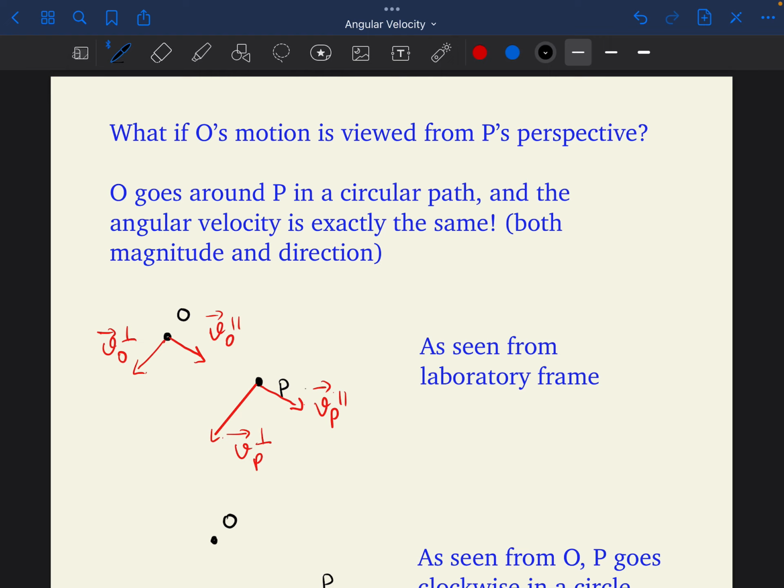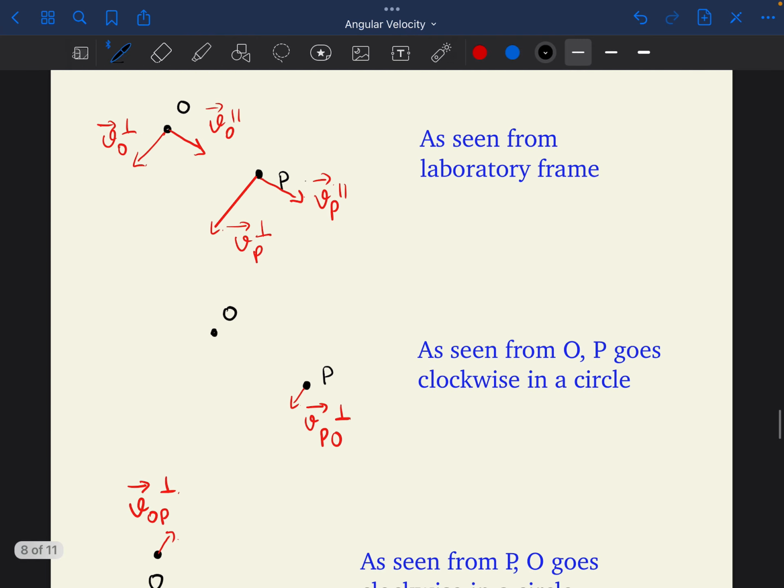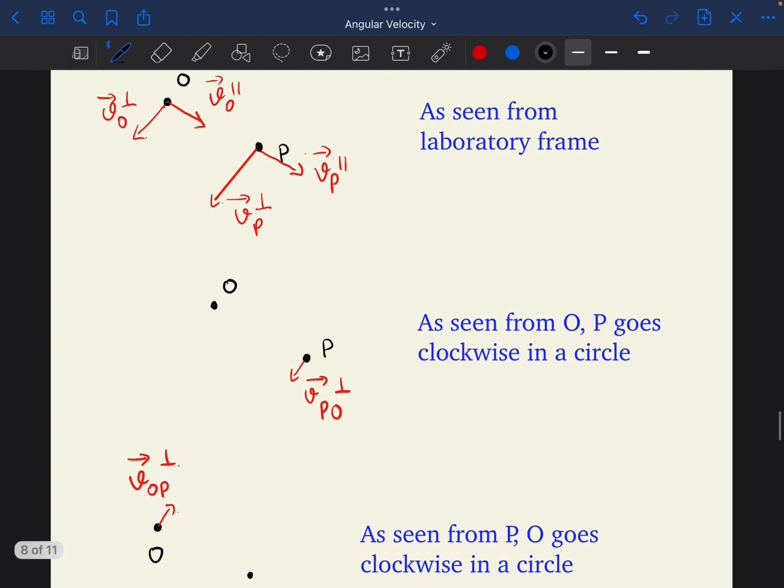O is going around in a circular path about P, as seen from P, and P is going in a circular path about O, as seen from O. And their angular velocity is also the same, the magnitude is the same and the direction is the same, so you can invert it.